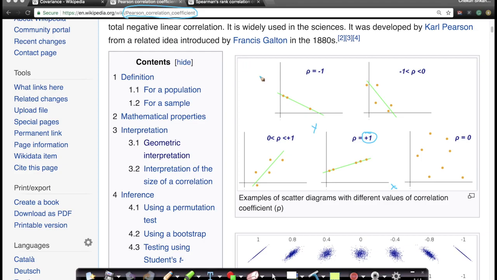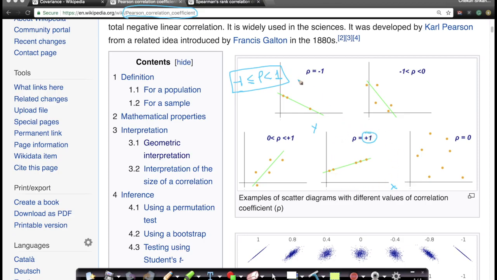And remember, the Pearson correlation coefficient is going to lie between -1 and +1. Unlike covariance, it is bound between -1 and +1. If your data is perfectly correlated, and all the data points, which are your orange dots here, lie on a perfect straight line, then you get a rho of 1.